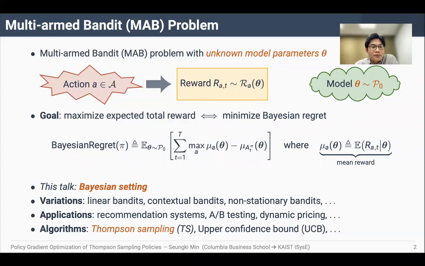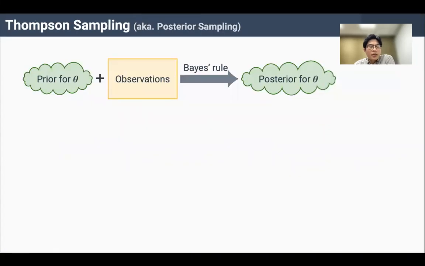Let me illustrate the main idea of Thompson sampling. It is a Bayesian algorithm built on top of Bayesian inference logic. At a particular moment, we have some observations we have observed so far, and according to the Bayes rule, we can compute the posterior distribution of the unknown model parameters, the random variable theta.